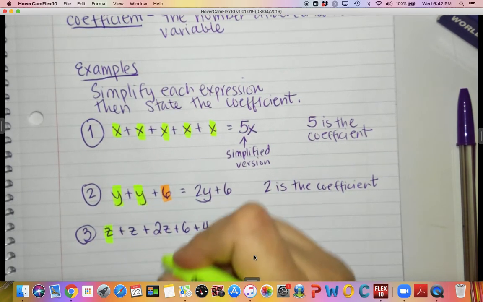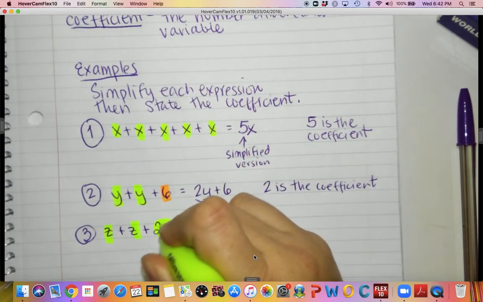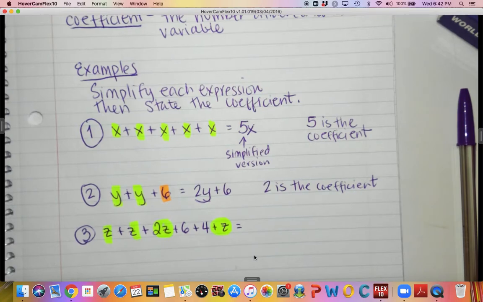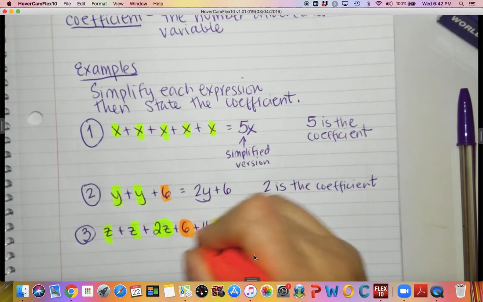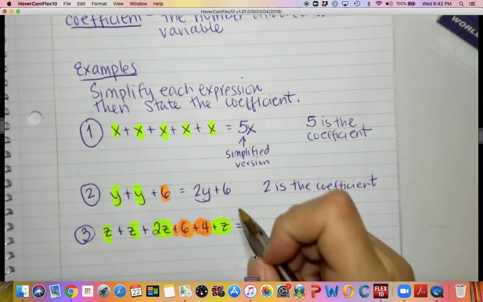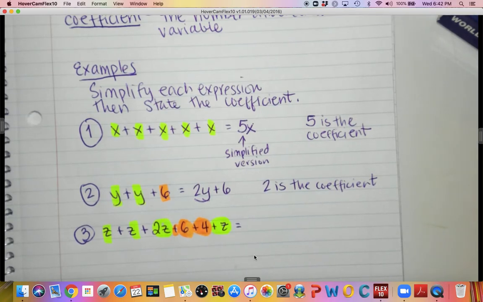So I have a z here, 2 z's, and then a z here. My numbers are 6 and 4. And so you know these signs go with whatever's after it. So these are all positives. I'll show you a better example of that in our next problem, where I'll mix up positives and negatives, or pluses and minuses.